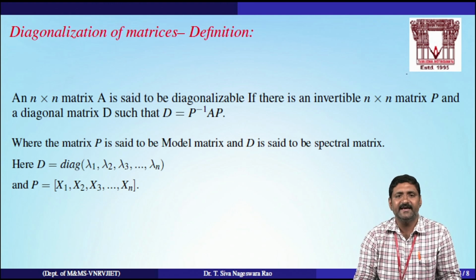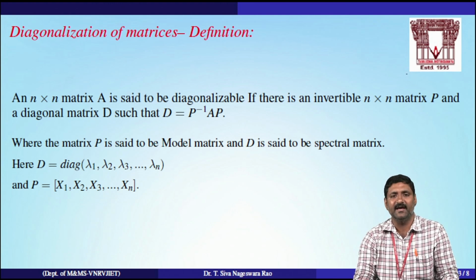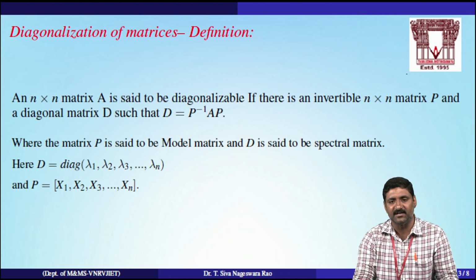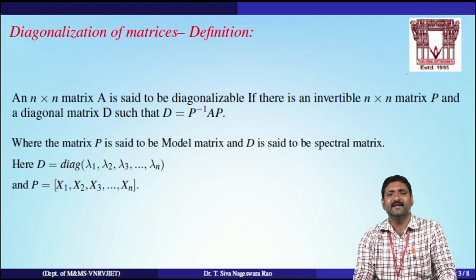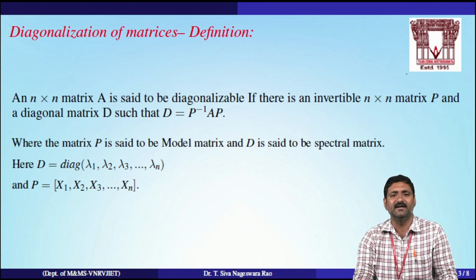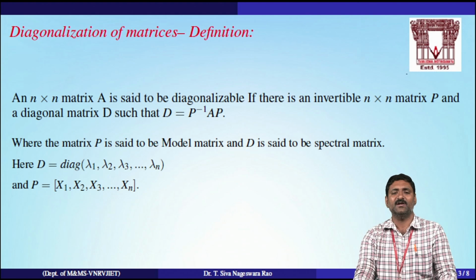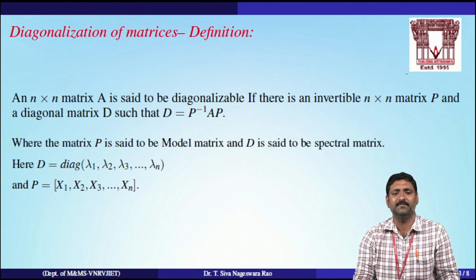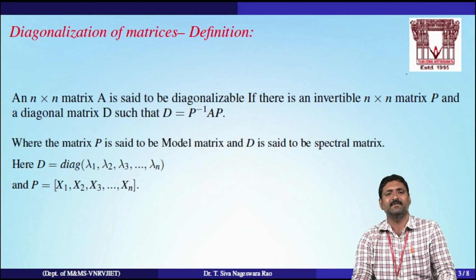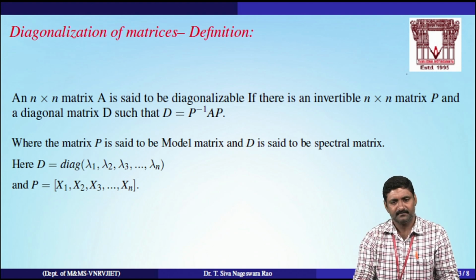We will take capital A as a matrix of order n by n. When do you say matrix A is said to be diagonalizable? The condition is there exists an invertible matrix of order n by n denoted by capital P and a diagonal matrix capital D such that P inverse multiplied by A multiplied by P is equal to the diagonal matrix D, then only the matrix A is said to be diagonalizable.